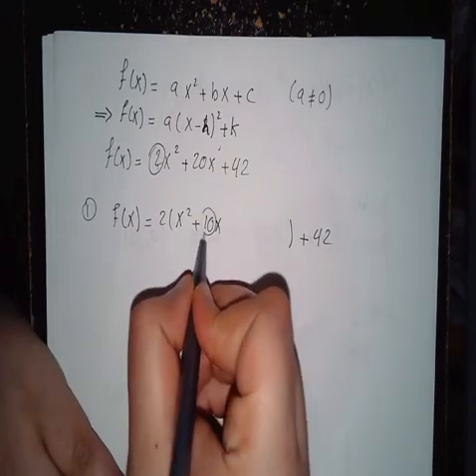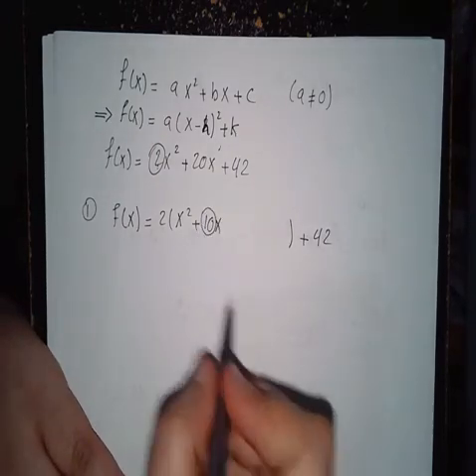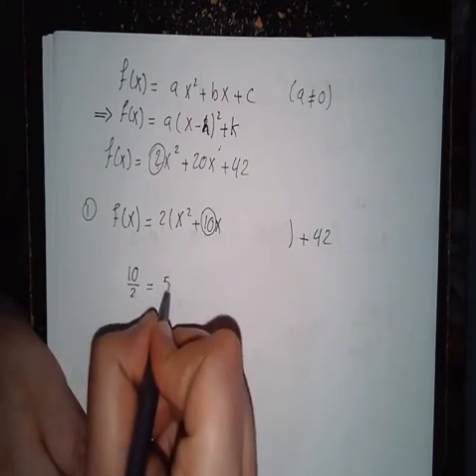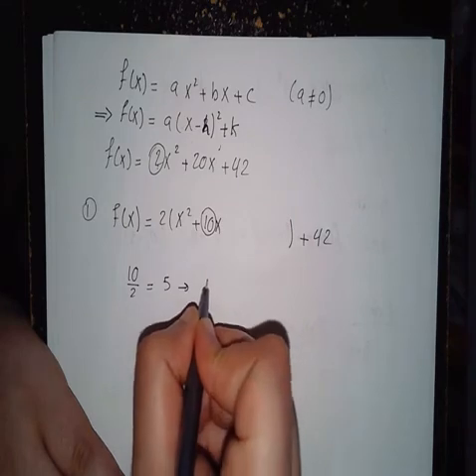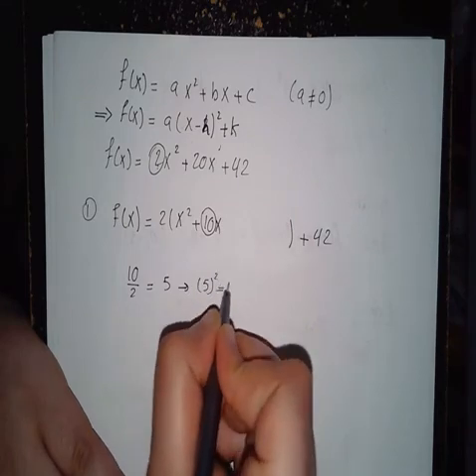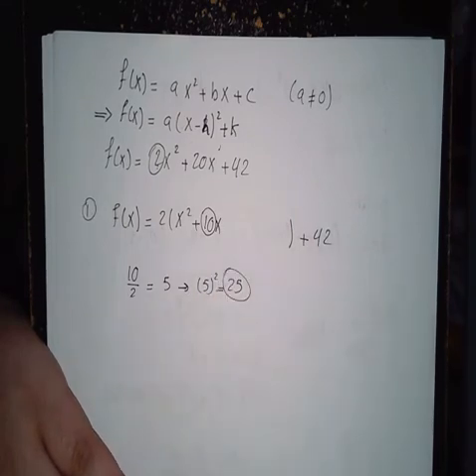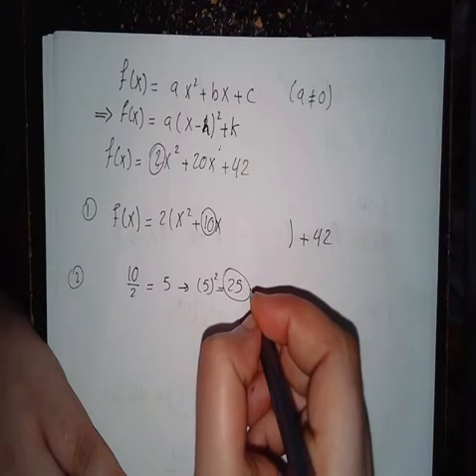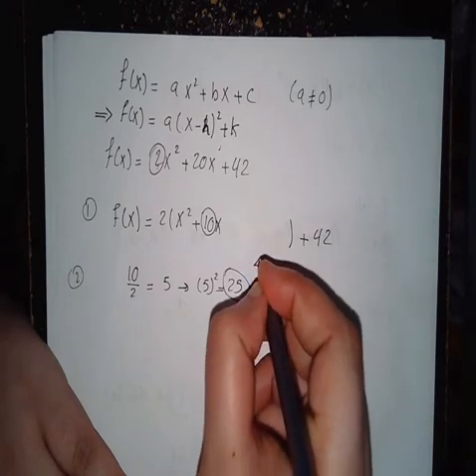You grab the b value, right? So the 10, you half it, it becomes what? 5. And then you square the 5, and it becomes 25. Remember that one? From completing the square? We're doing this. So I take this 25 and I'm gonna add it over here.